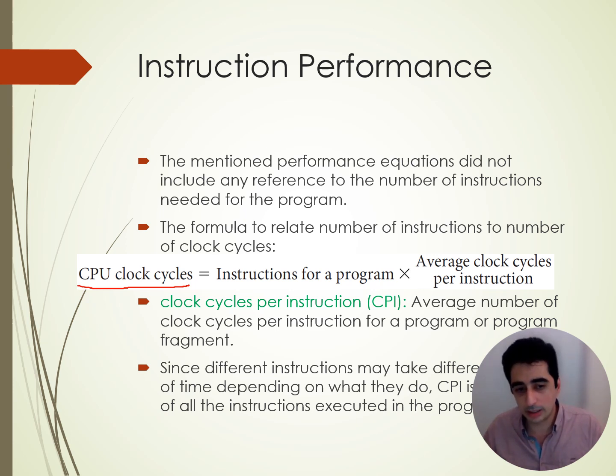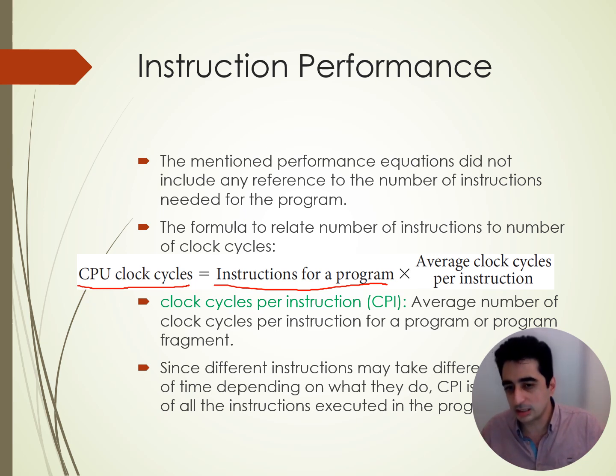In order to calculate the total CPU clock cycles for a given program, you need to know two different quantities. One is how many instructions I have for a program. That can be calculated using different methodologies. If you know the way the program is written, it is possible to find out how many instructions we need for that program.